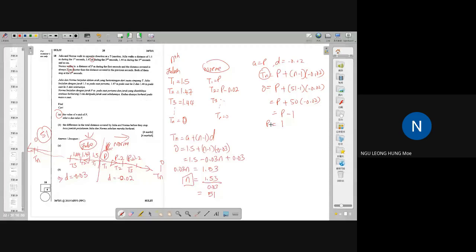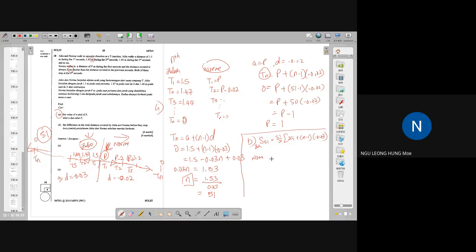So b, the difference of the total distance covered by Julian and Norma before they stop. Maksudnya kamu cari, ini 51. S51 equal to 51 over 2, 2a plus n minus 1 d. This one is negative 0.03. Then ini Julian.